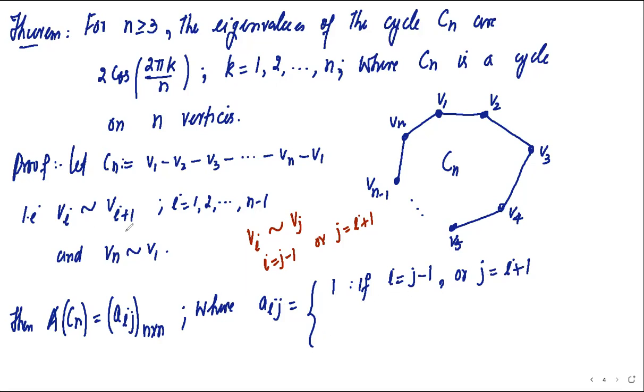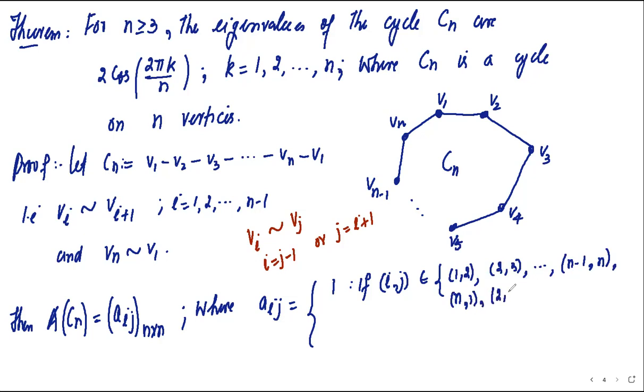And in fact, we can use these statements here. So better to write like this: if ij belongs to this set, 1 2, 2 3, and so on, n minus 1 n, or n 1, or the reverse: 2 1, 3 2, and so on, n n minus 1, and 1 n. Because if V1 is adjacent with V2, then V2 is also adjacent with V1.